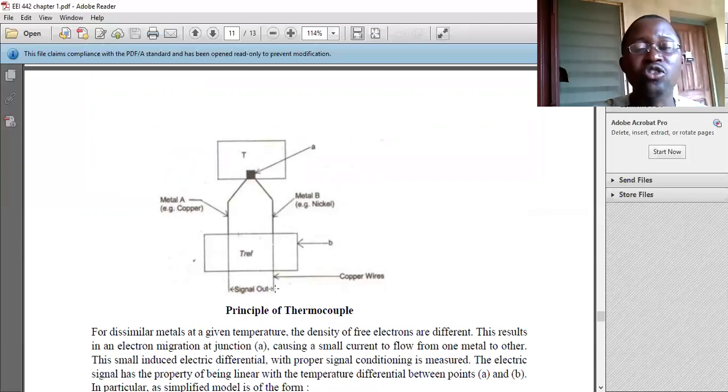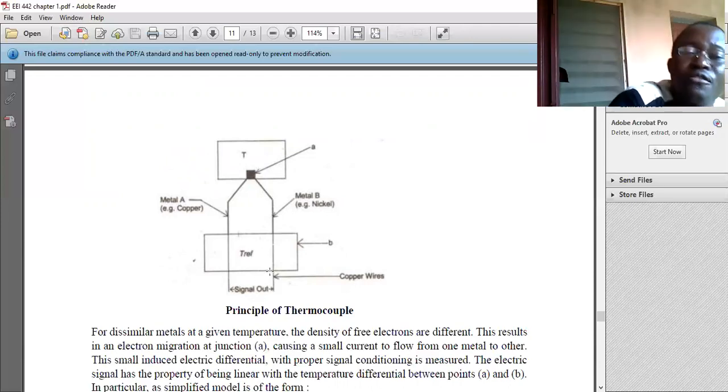Now, the signal that is coming from the two wires at this other end, where we have signal out, we have copper wire here and nickel here, but we now use copper wire to lead them out after the T_REF, the temperature control reference junction.